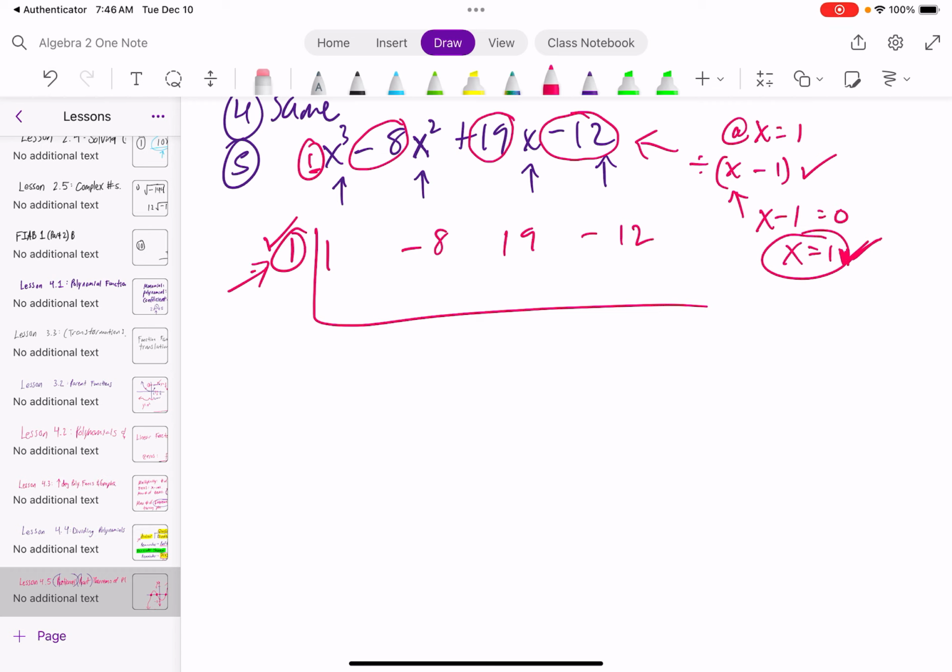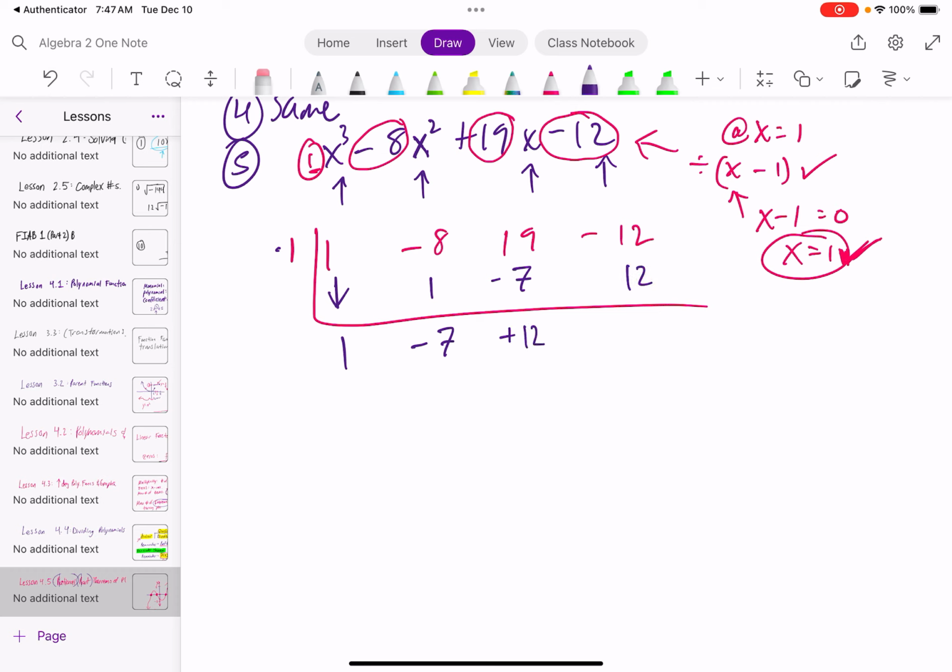Now, I'm going to bring the 1 down, multiply it by this 1 to get 1 here. 1 minus 8 is -7. Multiplied by 1 gives me -7 plus 19 is positive 12.